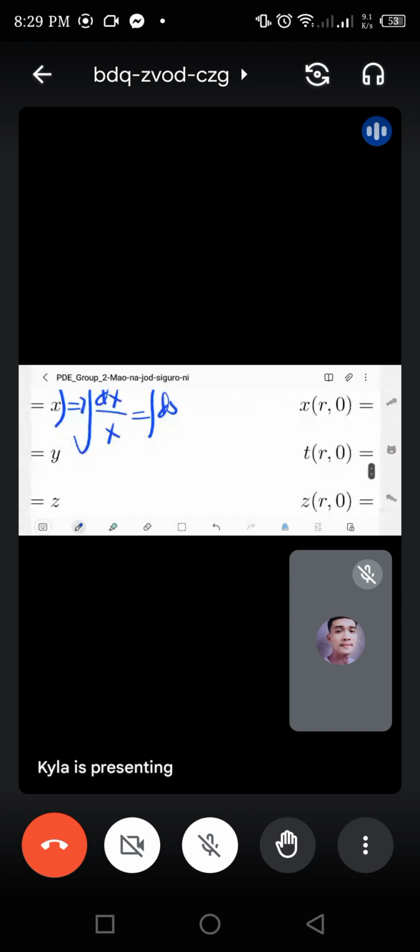So that becomes ln x equals ln s plus our constant of integration.